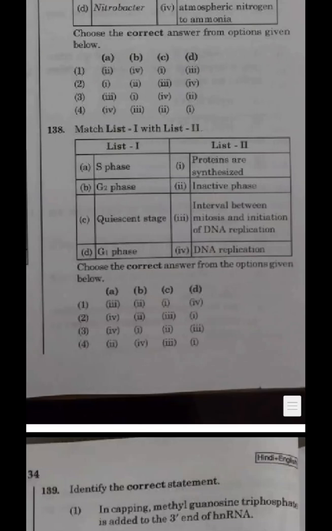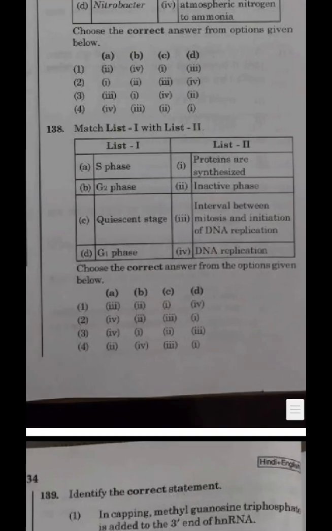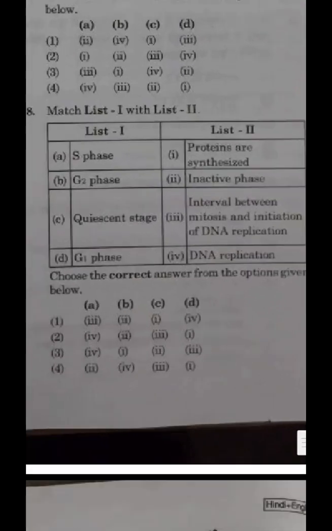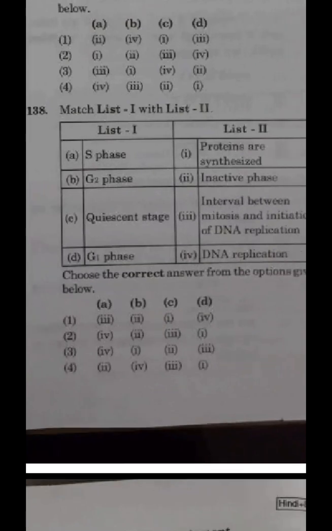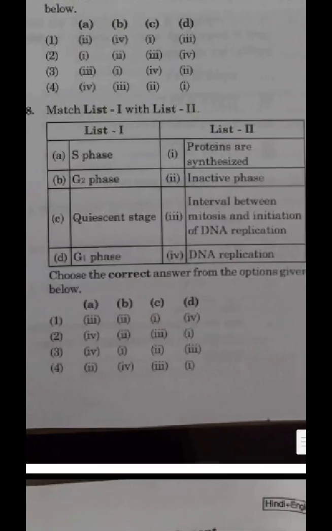We have to match list 1 with list 2. In list 1, option A is S phase. And we know that S phase is responsible for DNA replication, because nucleic acid replication occurs in S phase. So A will go with 4.